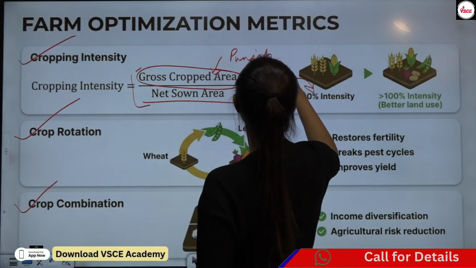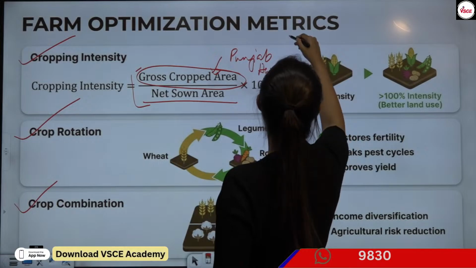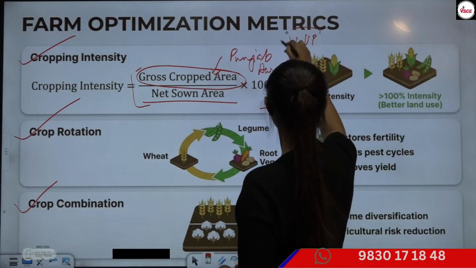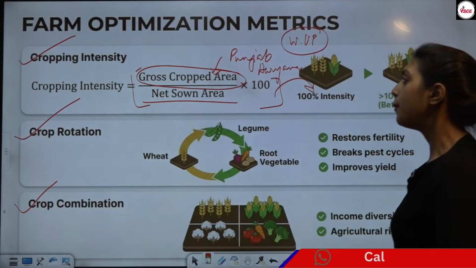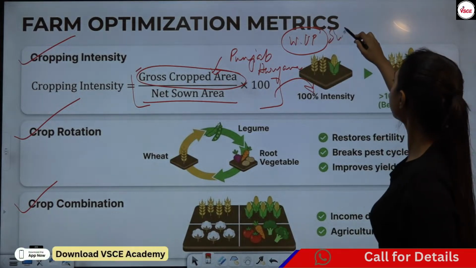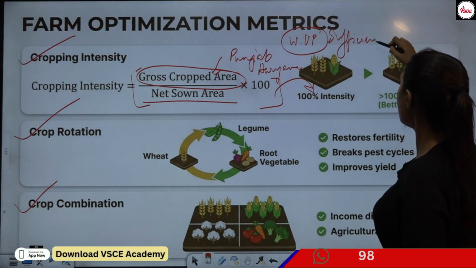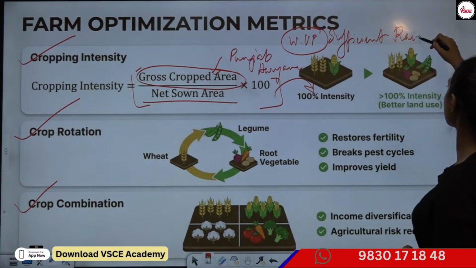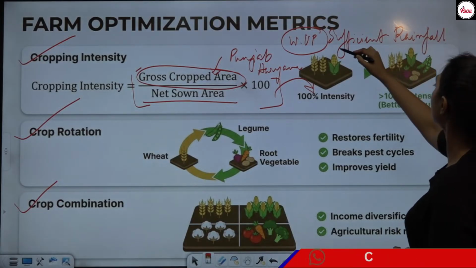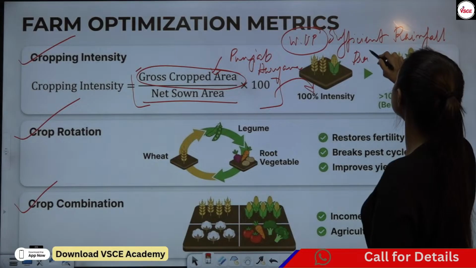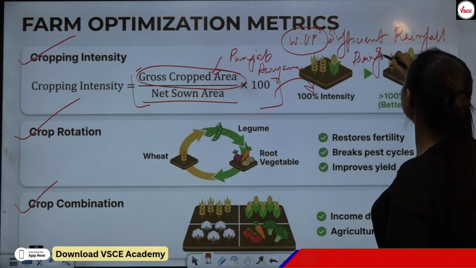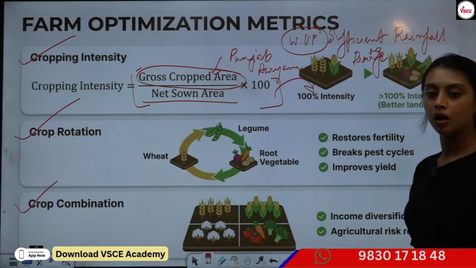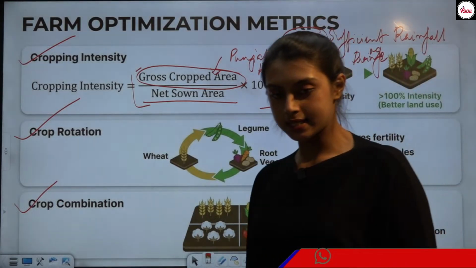Punjab, Haryana, Western UP. Why? Because they have sufficient rainfall and proper drainage. So we are also doing revision of what we have already learned.